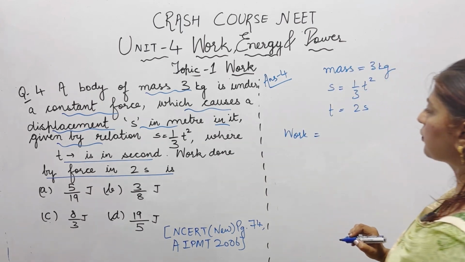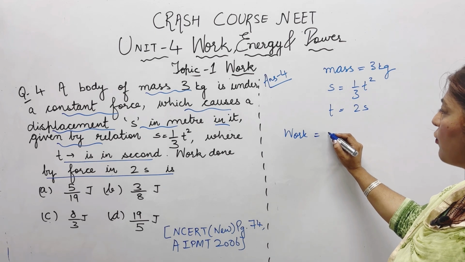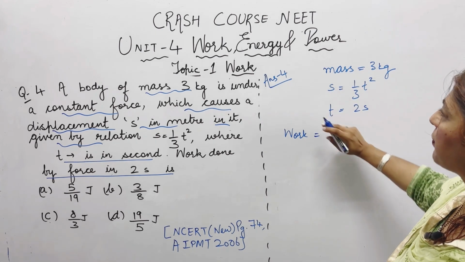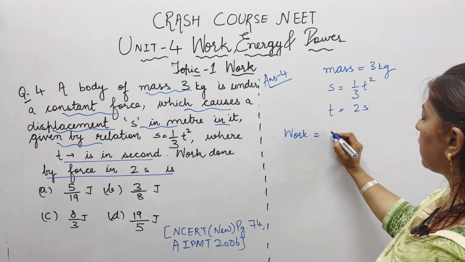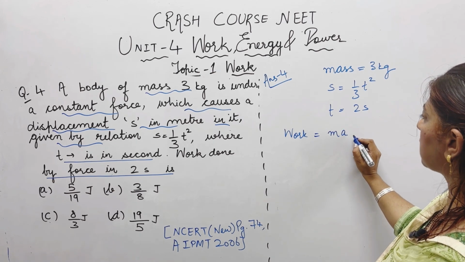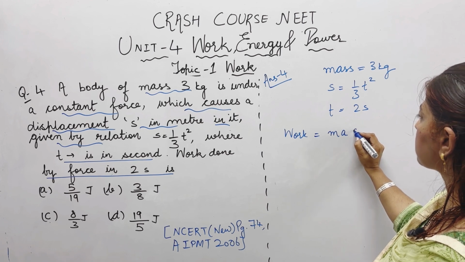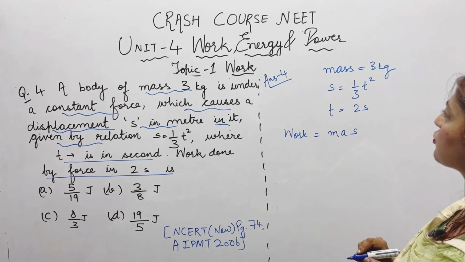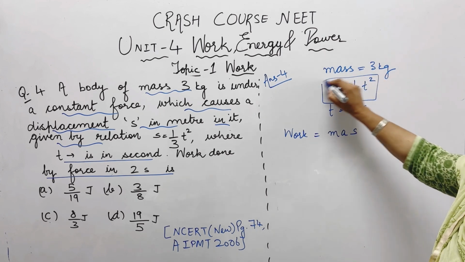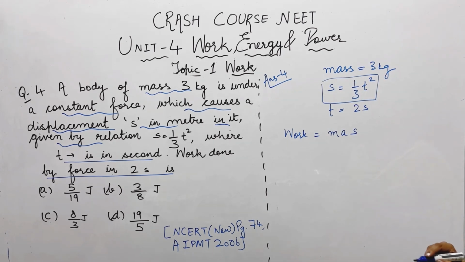So for the work we have got the formula force into the displacement, and since force has not been given here, we can also write the force as mass into acceleration and then the displacement s. So mass is 3 kg, so we will find out the acceleration by this relation.